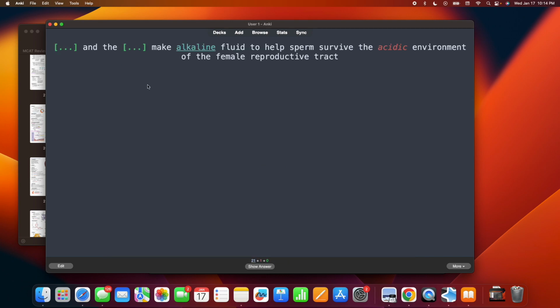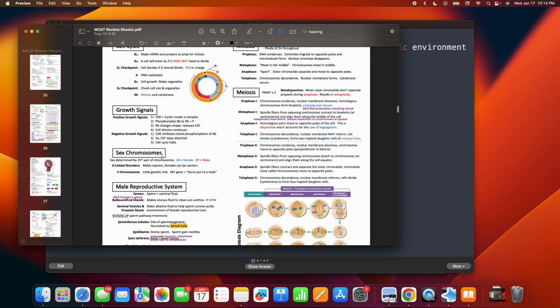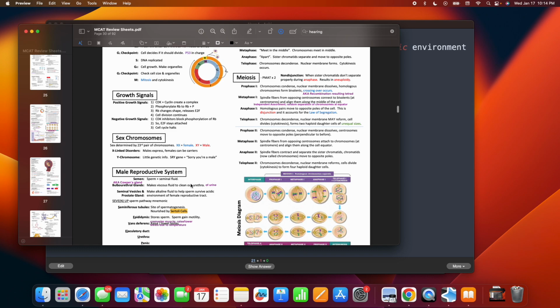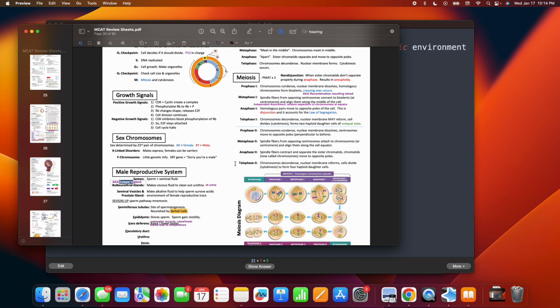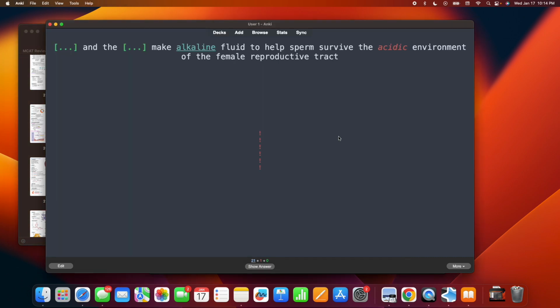The bulbourethral gland is also called Cowper's gland. Cowper's. How do you say that? Cowper's. Like cow, right? You get it.